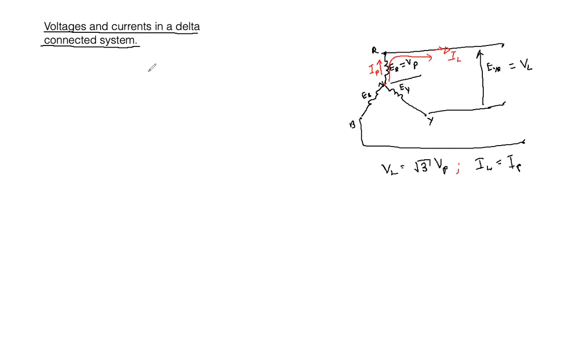So in a delta connected load, we are going to have a load here, a load there, and a load here.